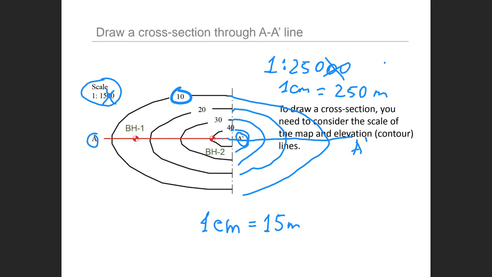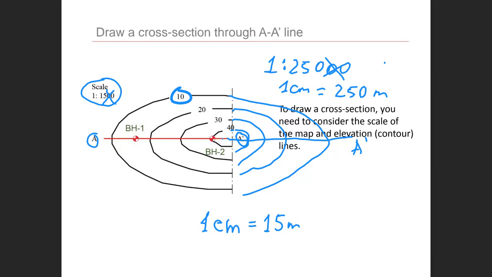Some people try to draw right on the computer screen, which is maybe okay, but it's not recommended because then you can mess up the scale. The easiest and simplest way, so that you don't make mistakes, is to print out the map and do it on paper.